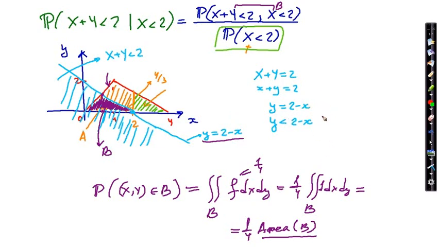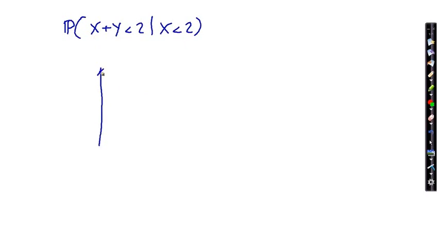Let me quickly erase this part and write that note. Maybe I will erase everything. So what is that note about? A common mistake is the following. We want to calculate this conditional probability, given that x is less than 2. We are thinking like this.